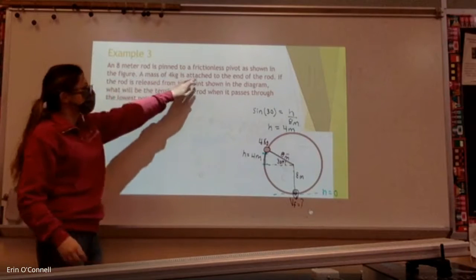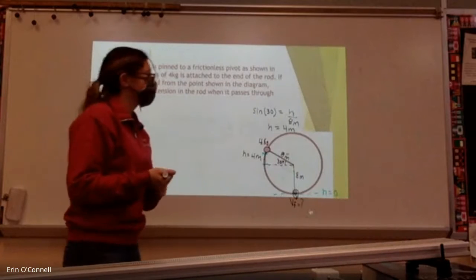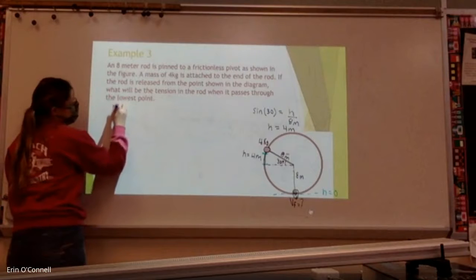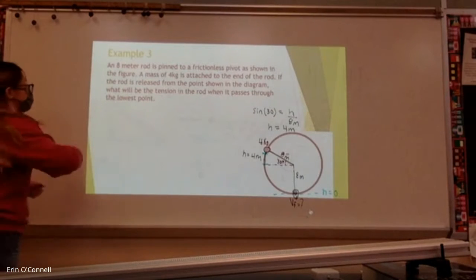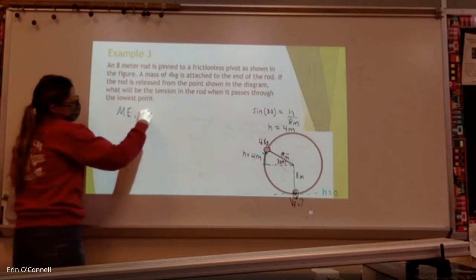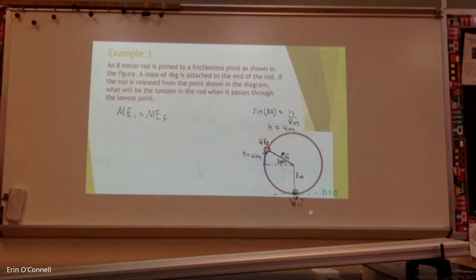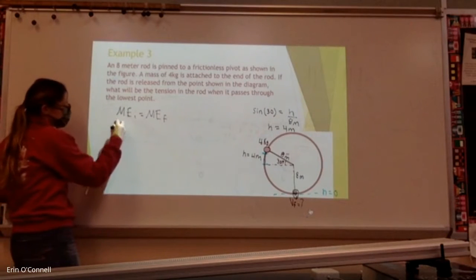If this is a frictionless pivot, we know that mechanical energy is conserved. So mechanical energy initial will equal mechanical energy final. Initially, if it's released from rest, it will have only potential energy.